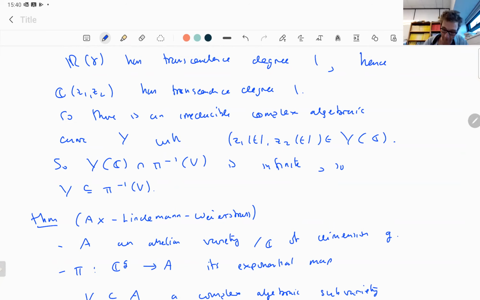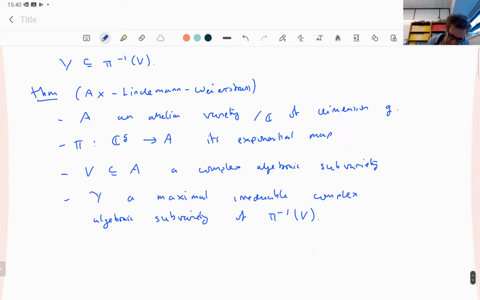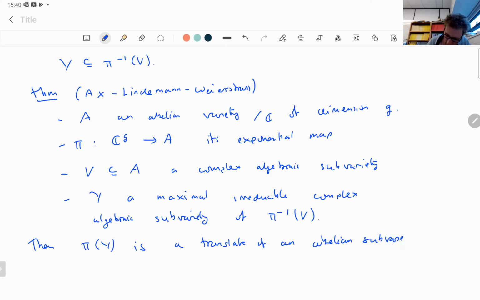So we're in the setting of this theorem. And what does the theorem then tell us? Then pi of Y is a translate of an abelian subvariety of A. Okay, so this is what's called an Ax-Lindemann theorem for abelian varieties.